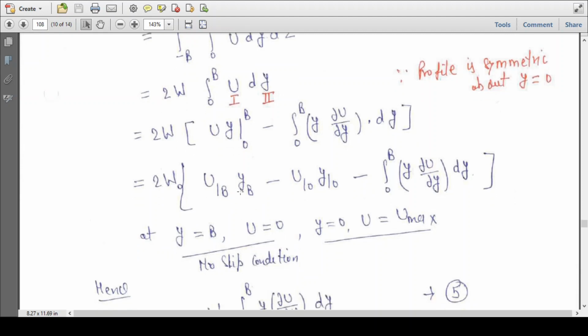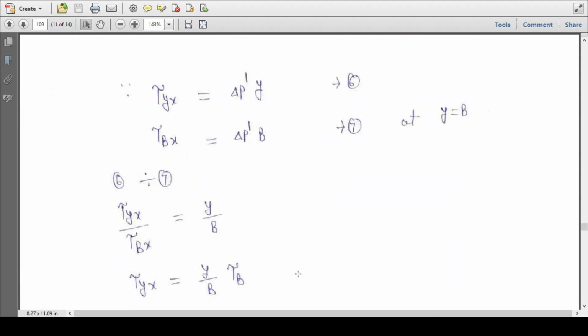At y equal to b the velocity is 0, the no-slip condition. At y equal to 0, the velocity is maximum because it is far from the boundaries, but y is equal to 0, therefore this product is 0. Both product terms are 0, so we are left with only the integral term.